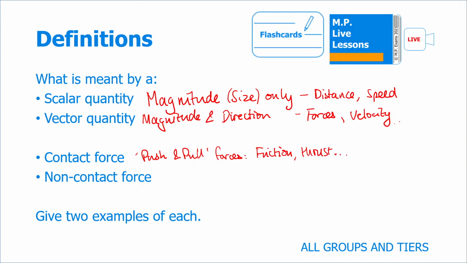Whereas non-contact forces don't need two things to be in contact. These tend to be field kind of things, for example, electrostatic forces of attraction. These could also be magnetic ones. Now take these notes down and then I'll move on to gravity.